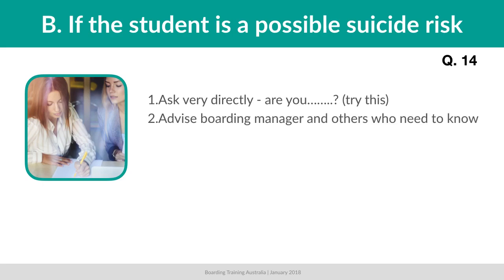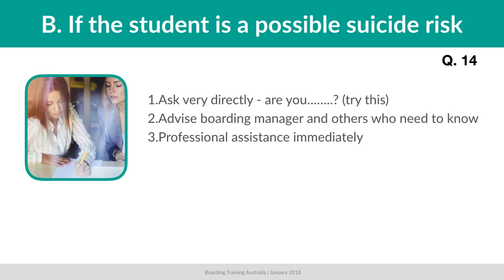If they give some indication that they are thinking about suicide, then we advise the boarding managers and others that need to know. We get professional assistance immediately. And in nearly every case, that means getting the student to the mental health ward at the local hospital as fast as possible. We need the help of health professionals, mental health professionals immediately.